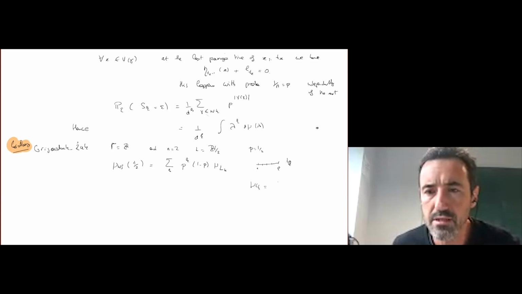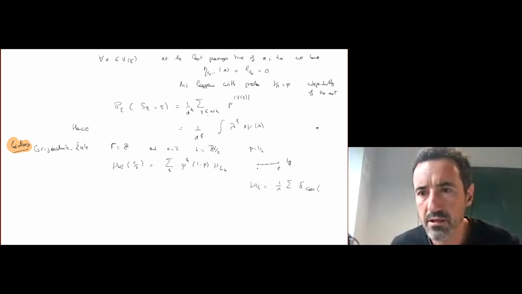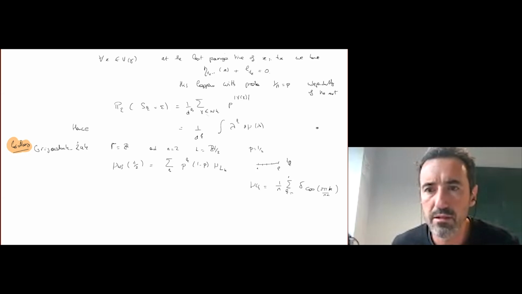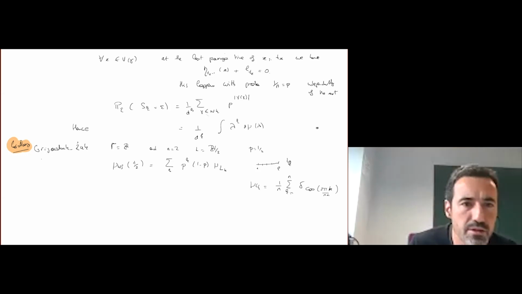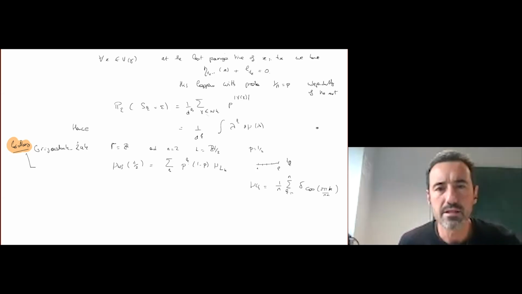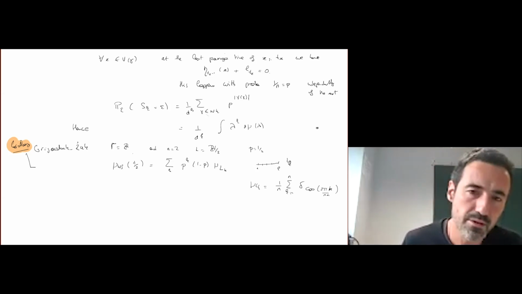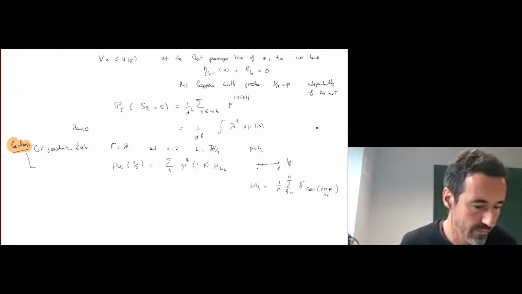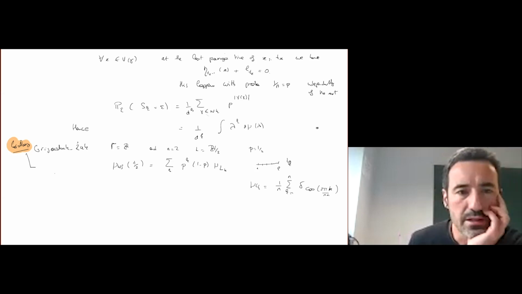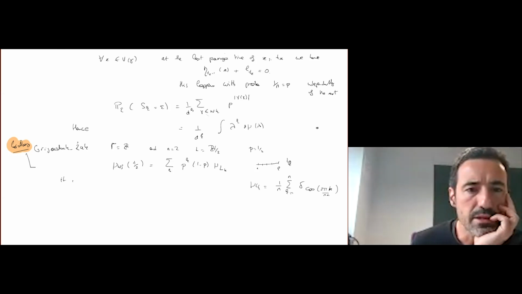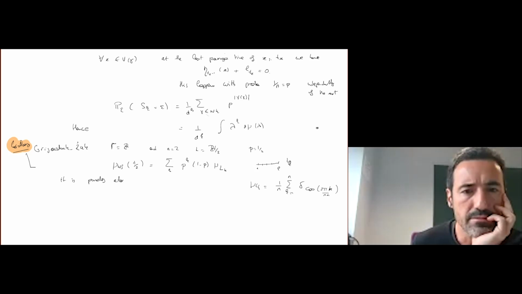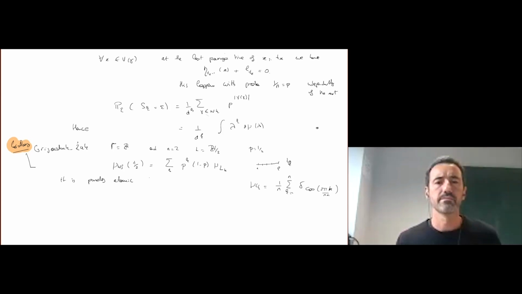I think we have seen it. It's the Dirac mass at cosine of 2 pi k over n plus 1, for k equal 1 to n. Okay, so I encourage you, it's a nice exercise, to deduce from the theorem that corollary. So in particular, it's purely atomic. It is purely atomic.